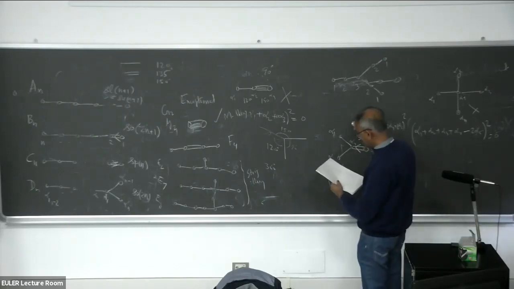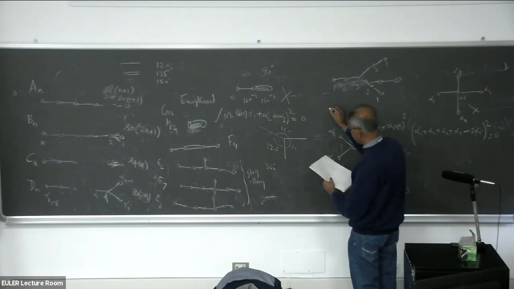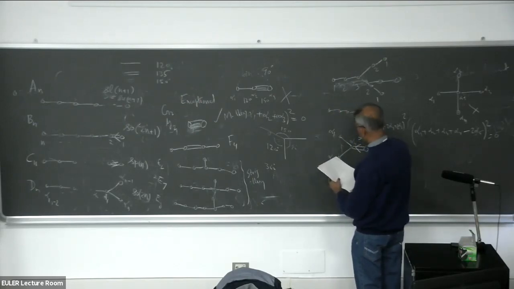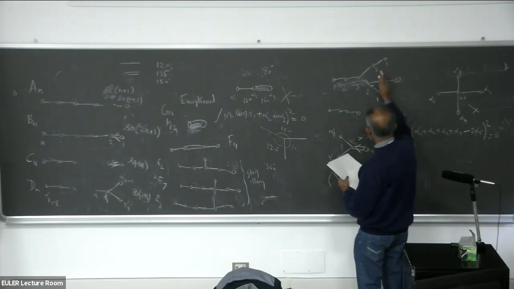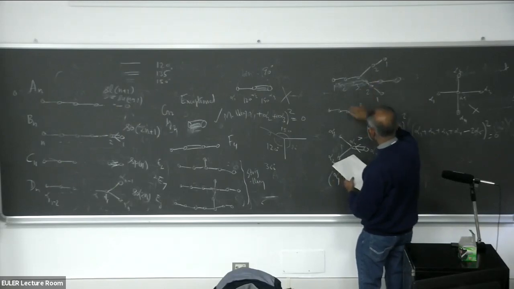0. Similarly, if you take something like this, 1, 2, 3. Now what we are doing is this is length 3, right? Now let's take length 1 here, length 2 here, length 2.